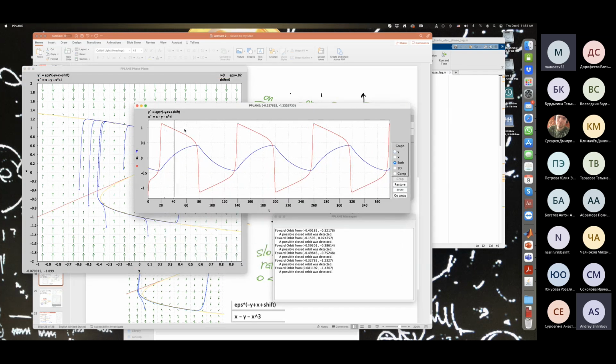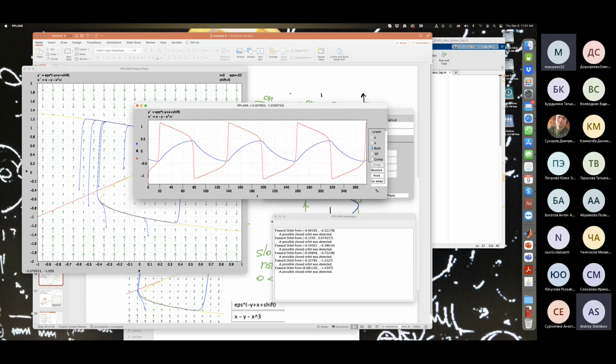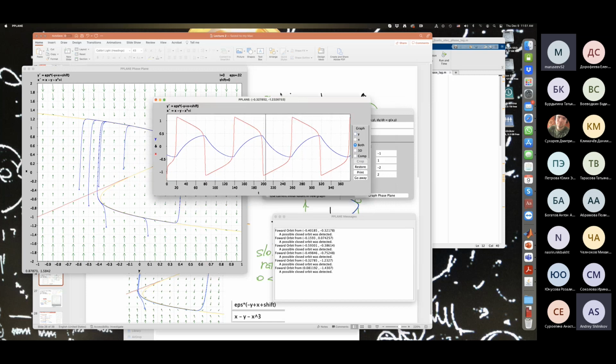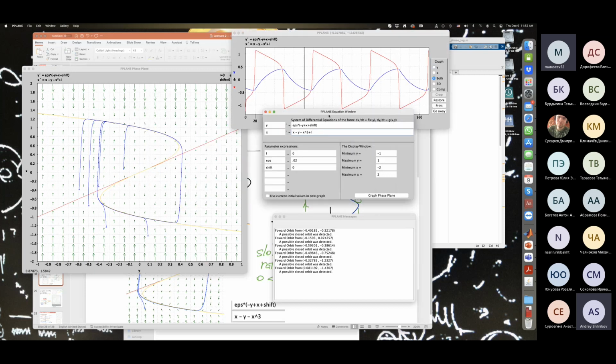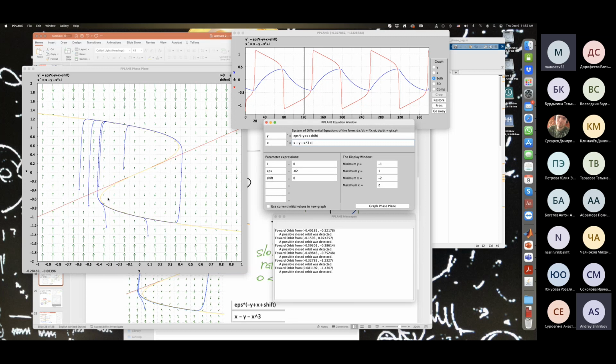This is x in time, looks like spikes. But as you can see, the recovery time and spikes are equal in size, which doesn't look like real spikes, but we're going to address this later on. Basically the reason why they're symmetric is because the red line passes through the middle point of the cubic null line.